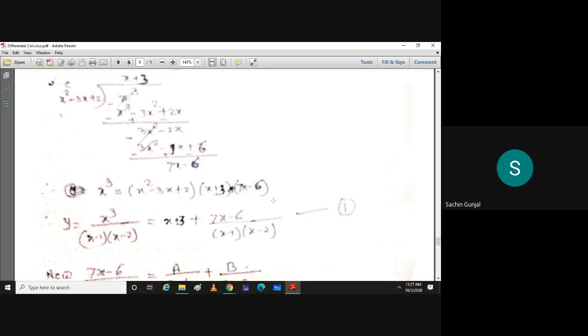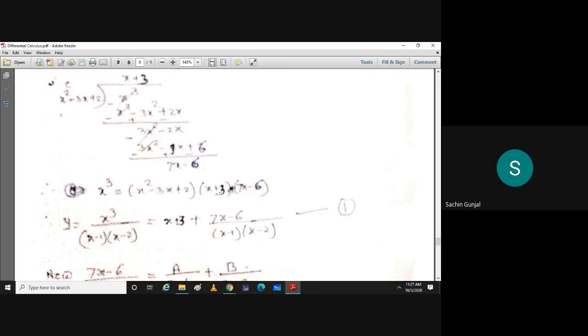Now what is our requirement? Our function is x cube upon x minus 1 into x minus 2. That means you will have to divide by x minus 1 into x minus 2 on both sides. So this will get cancelled, since x square minus 3x plus 2 is nothing but x minus 1 into x minus 2.